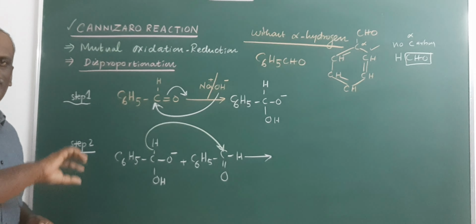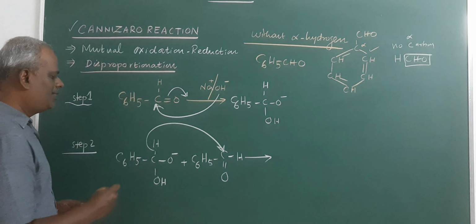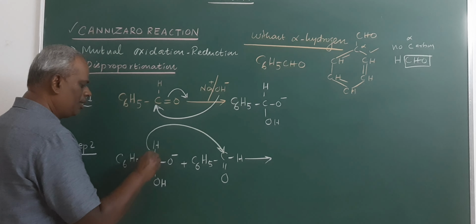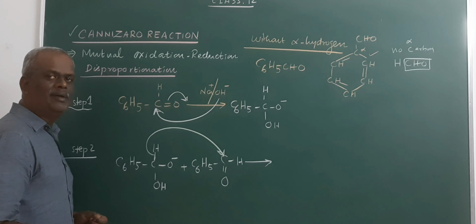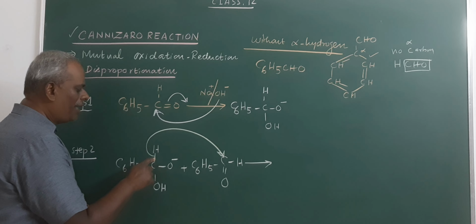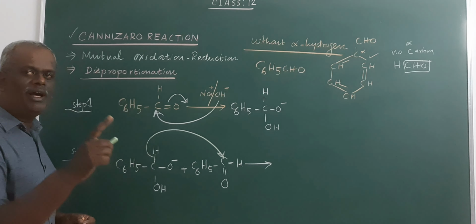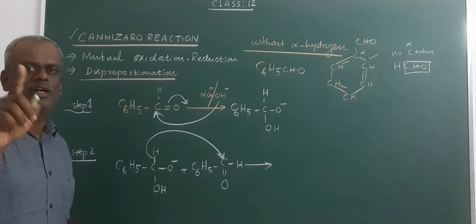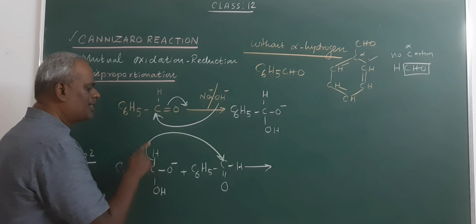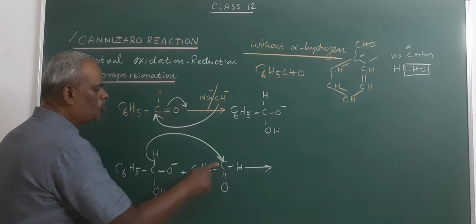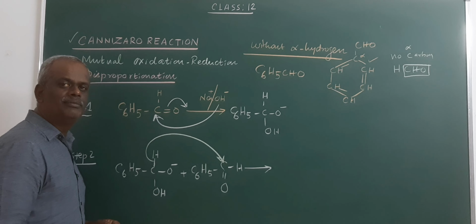See the movement of electrons. Hydrogen is moving from this carbon to this particular carbon atom, and it is taking up the pair of electrons. Usually hydrogens are transferred as proton, H plus, but here the hydrogen is transferred as H minus, which makes a bond with this carbon atom.